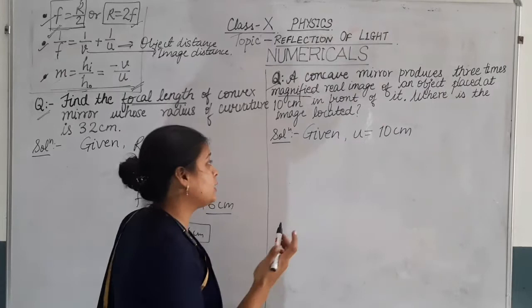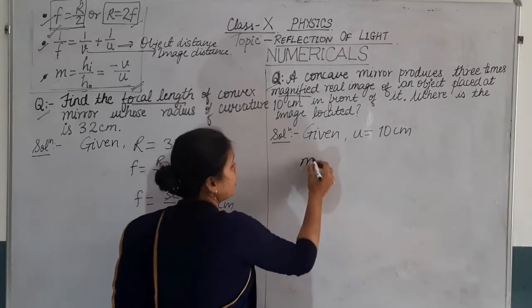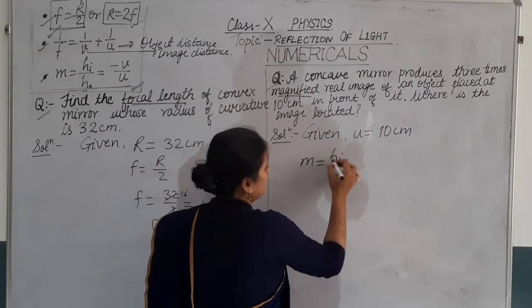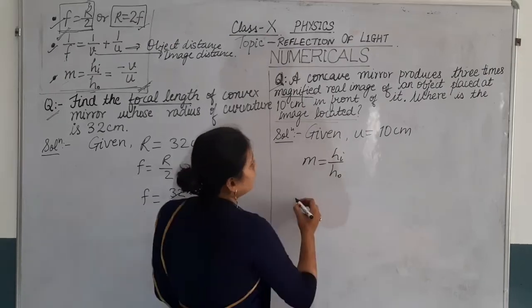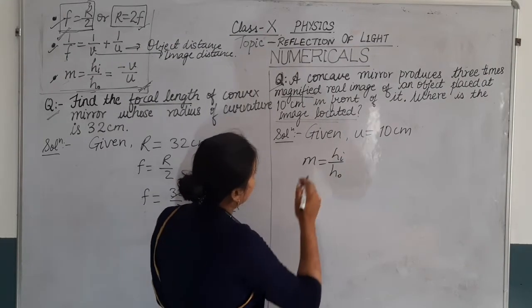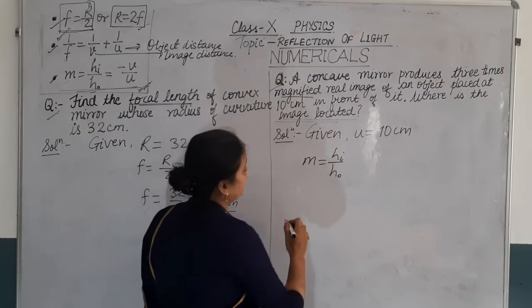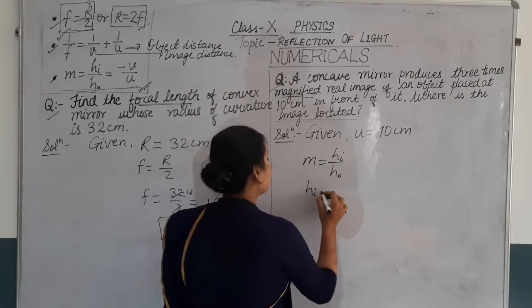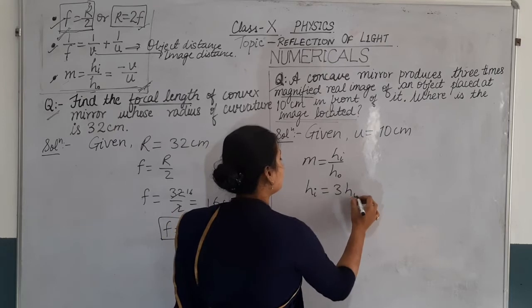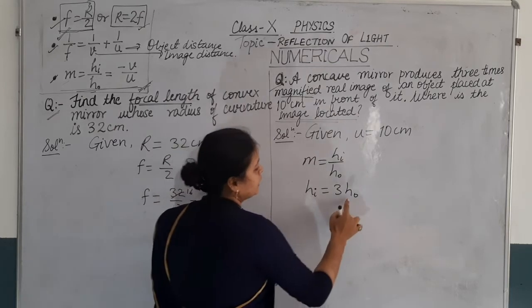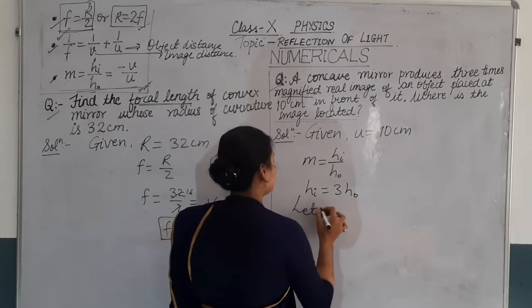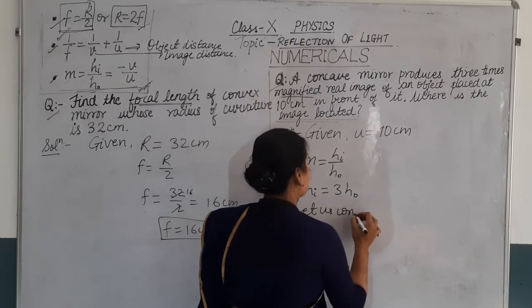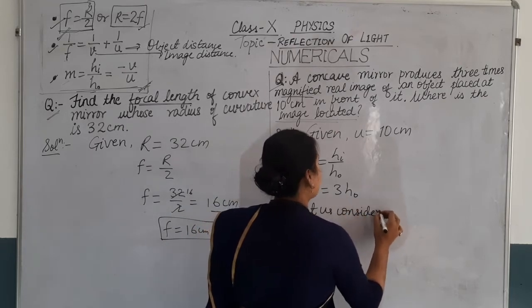How will you write this 3 times magnified? You know that m is equal to hi by ho. As it is given that the image formed will be 3 times the object size, let us consider ho as simply h.